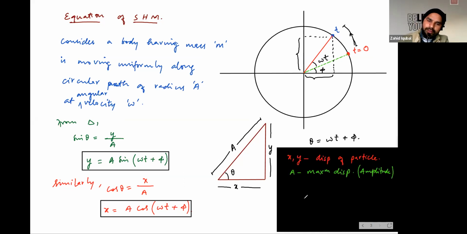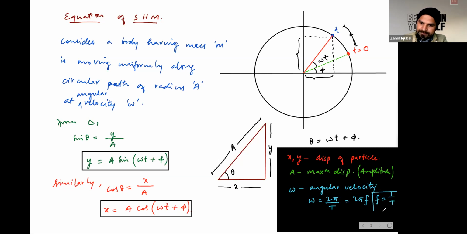Next is omega, the angular velocity. We may calculate time period and frequency from it: omega is equal to 2 pi by T, or simply 2 pi times frequency. Frequency and time period are reciprocals of one another.